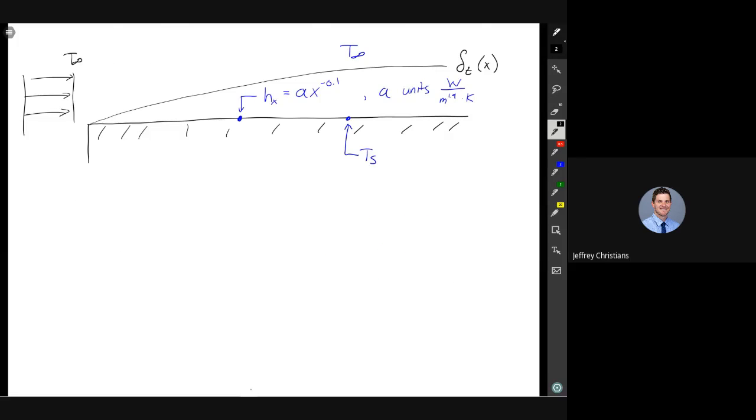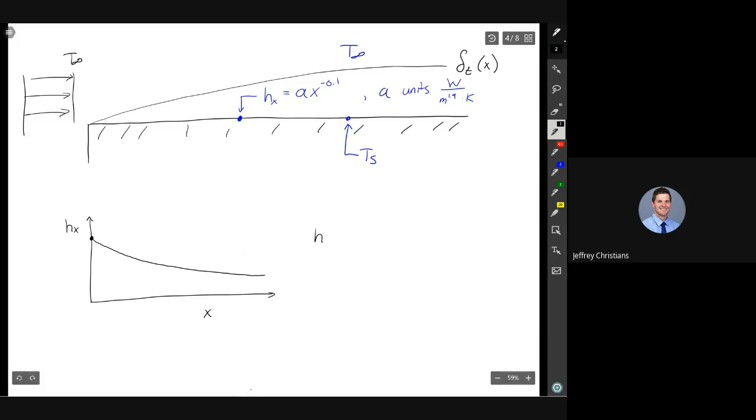If we look at how h changes, h of x is going to be highest at the front edge, and it's going to be decreasing along the plate. h of x at 0 is equal to A, and it's going to be progressively decreasing as we go along our plate.